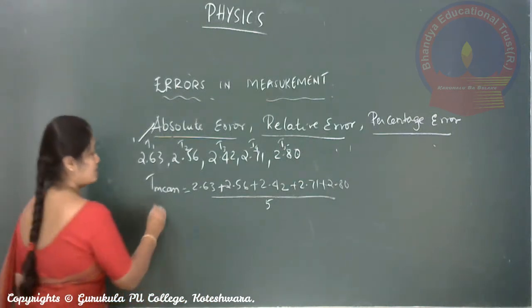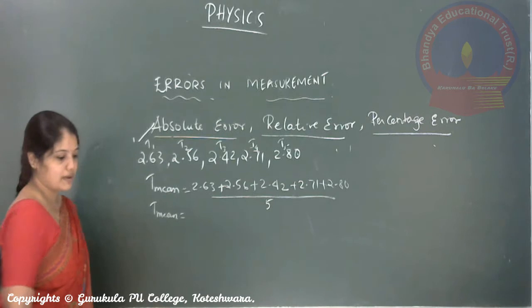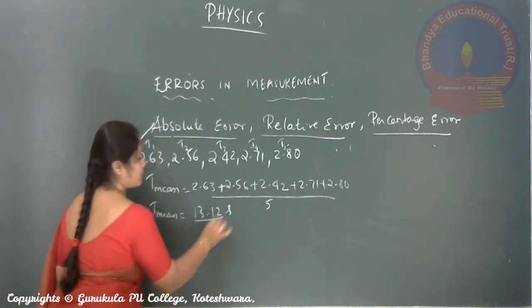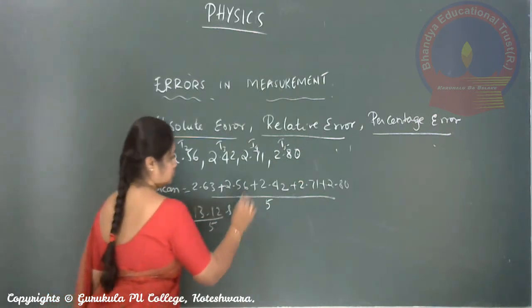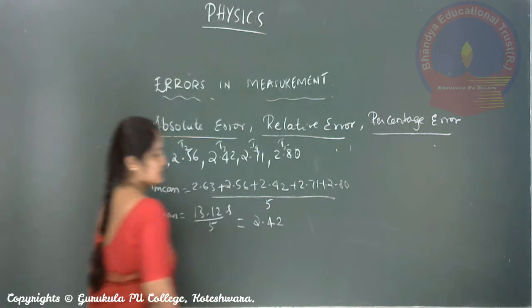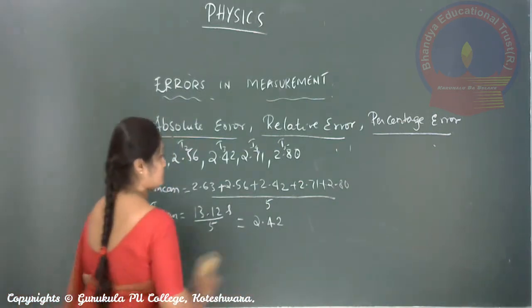Then I will get my T of mean, which comes to about 13.12 seconds divided by 5.